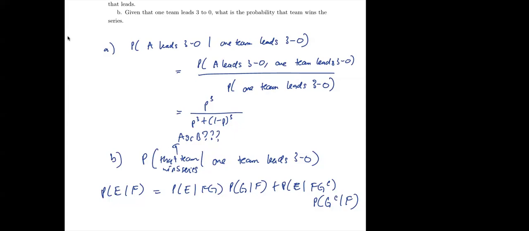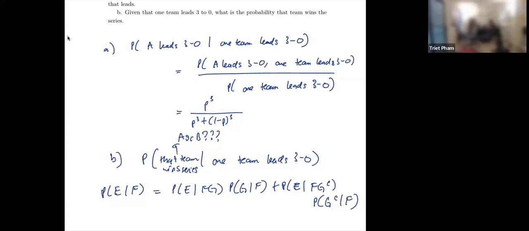Which team wins in the end? Like A wins in the end? No, incorrect. Because if you condition on A winning in the end, then of course the probability that A wins the series is 1. That's too much conditioning, because remember G is the extra information.